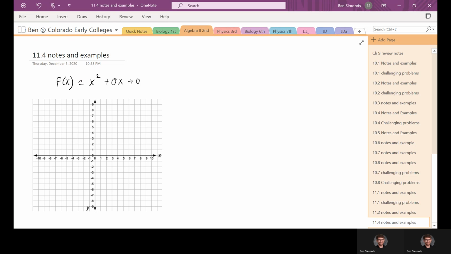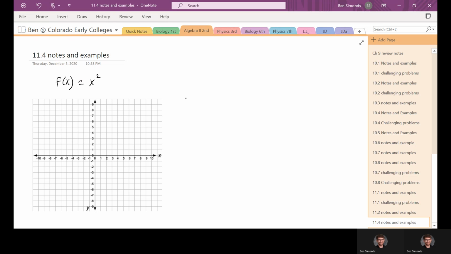That 0 kind of looks like a 6, but it's a 0. So that is the most basic possible quadratic equation. A equals 1, b equals 0, c equals 0. So let's get rid of all this extra stuff we don't need. And let's just look at the basic shape.